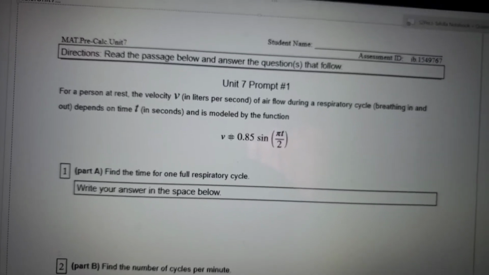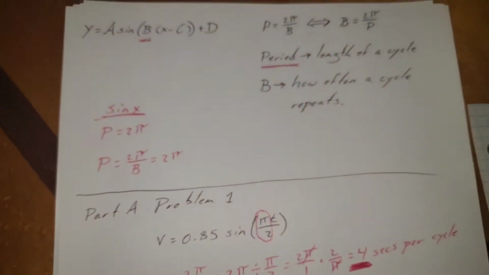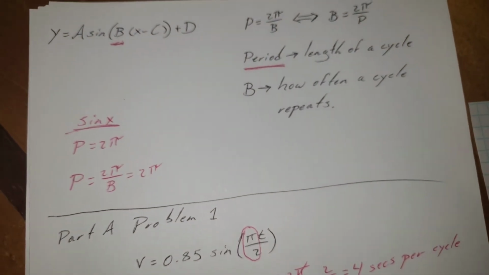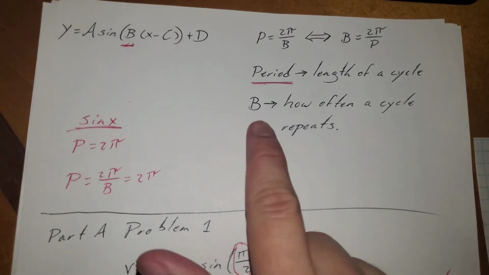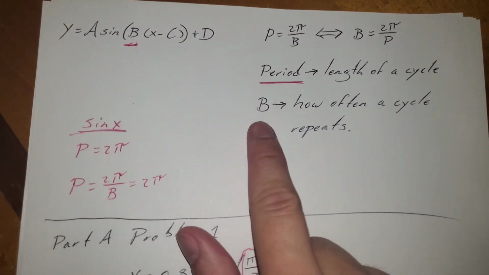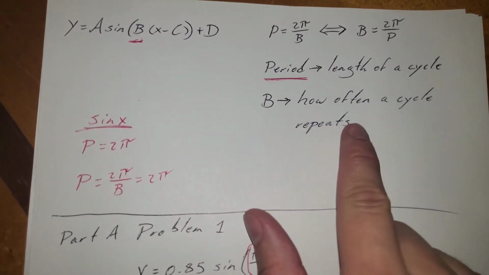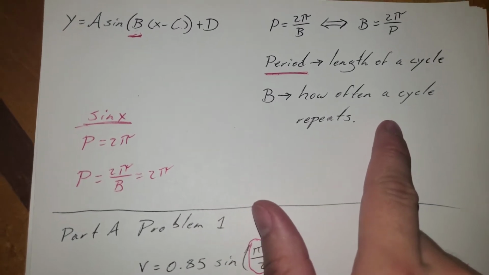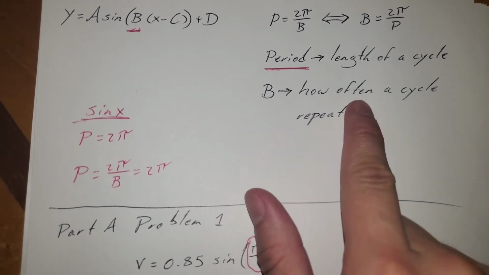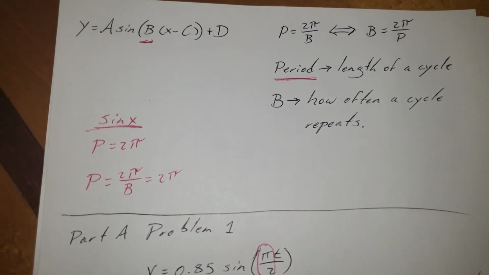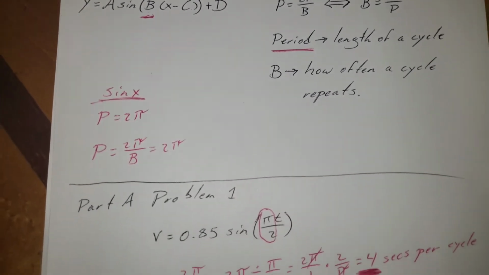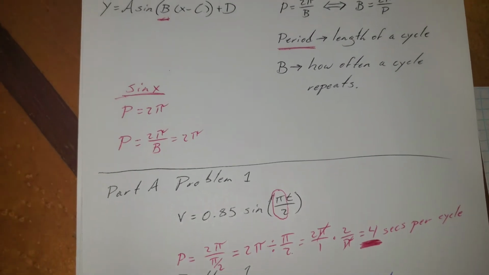Well, the cycles will be faster. As you can see on the paper here, we're going to have faster cycles. That means B is going to be the variable affected, because we're going to have cycles repeating more often. That means B is going to be bigger.